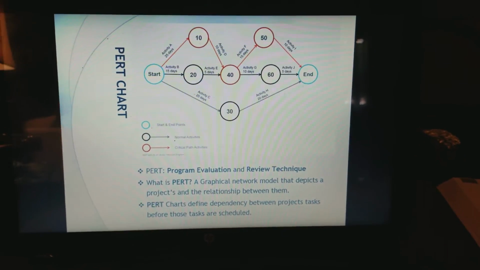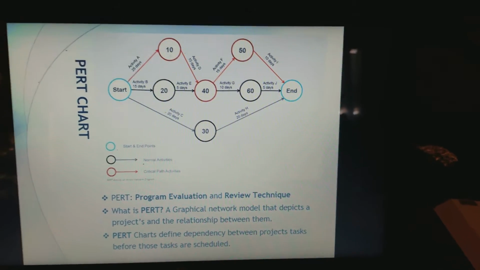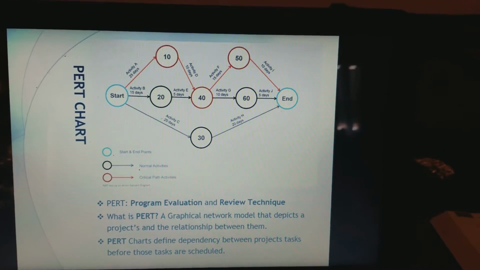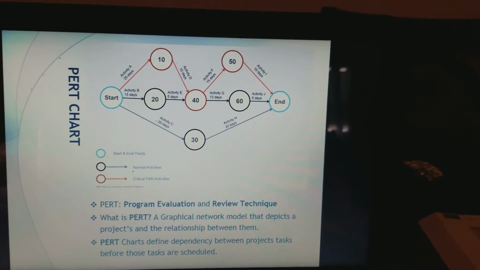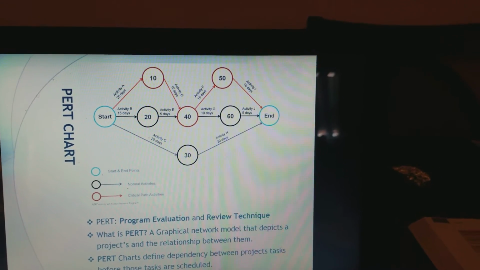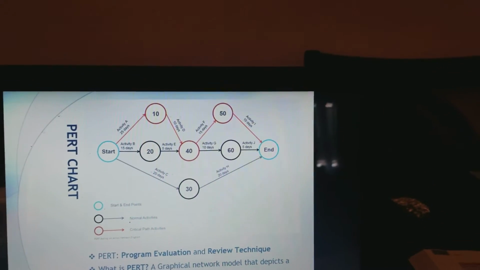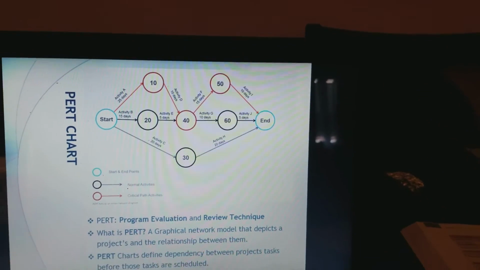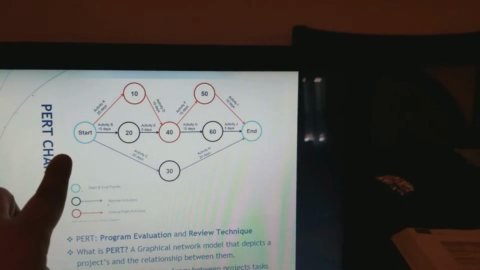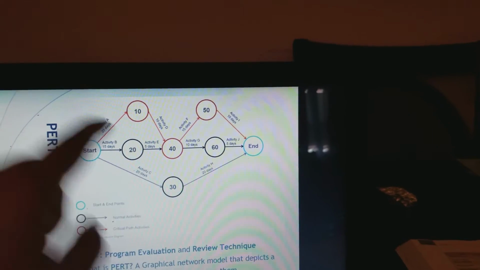Here we have the PERT chart. PERT stands for Program Evaluation and Review Technique. PERT is a graphical network model that depicts a project and the relationship between its tasks. It consists of numbered nodes, which can be rectangles or circles, just like we see here.